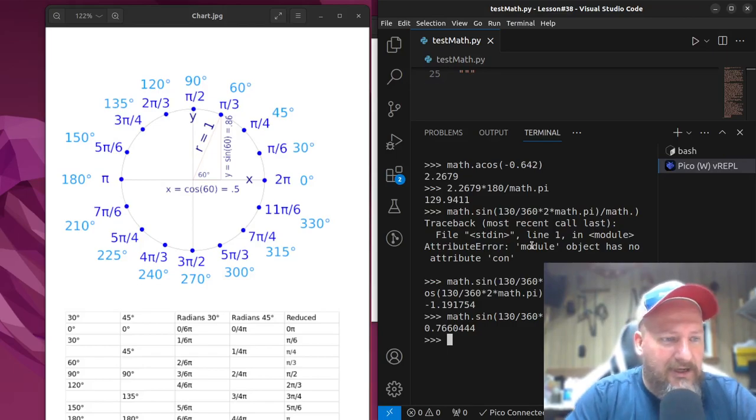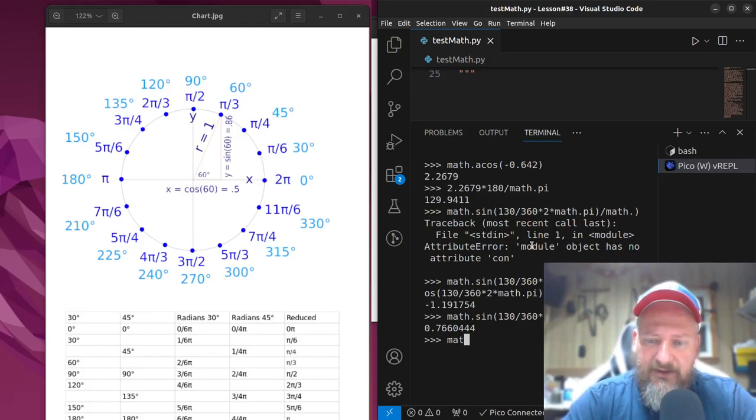Wow, that's a mouthful. And then we're going to take that and say math dot tan, and add that in there because that's our radiant, 0.7660444, and we get the same number.